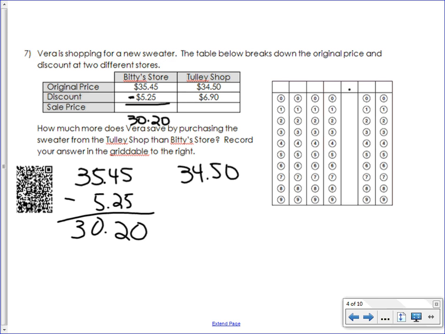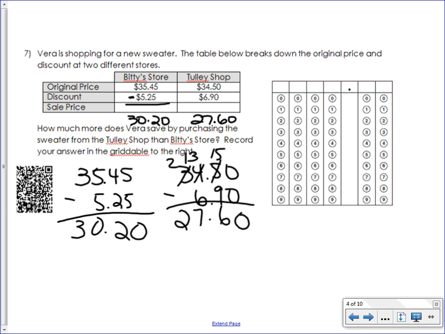Then you have $34.50 minus $6.90. And you get $27.60. Now, to get your answer, you would subtract the two amounts that you received from the Biddy store and the Tully shop.